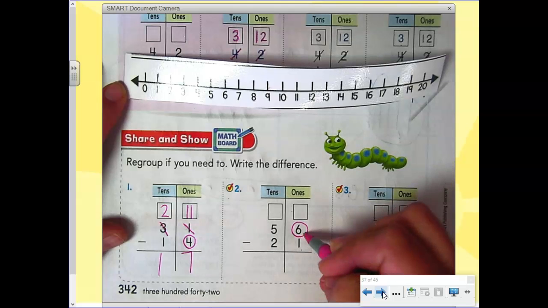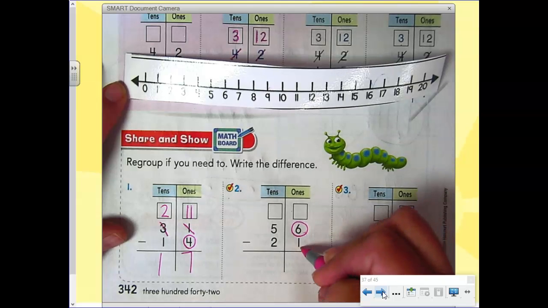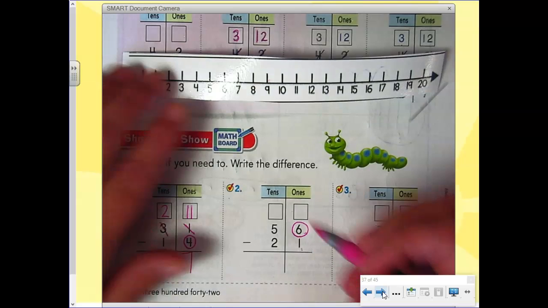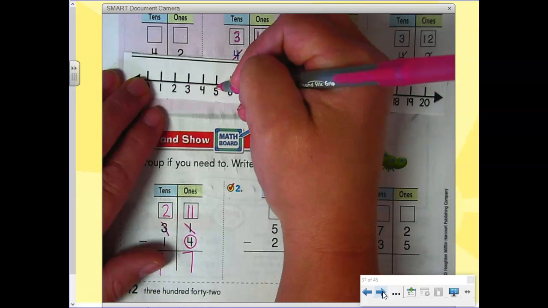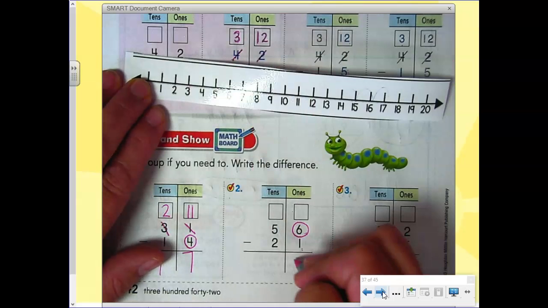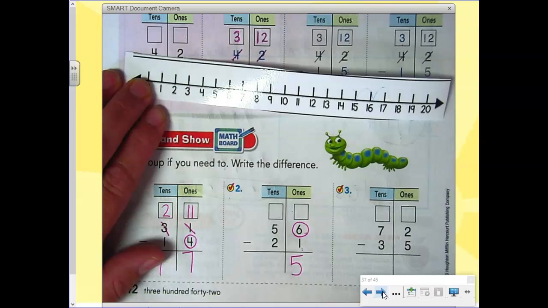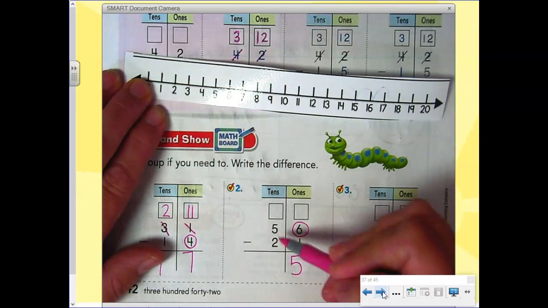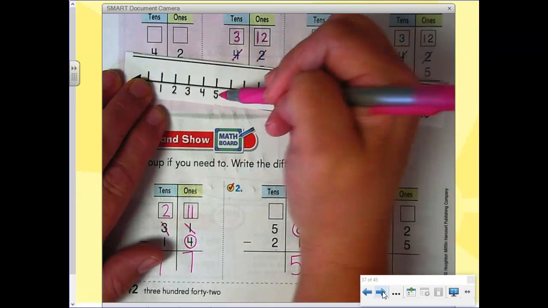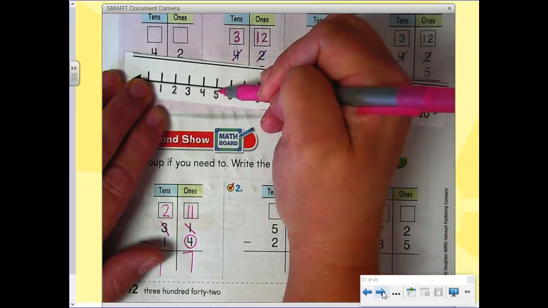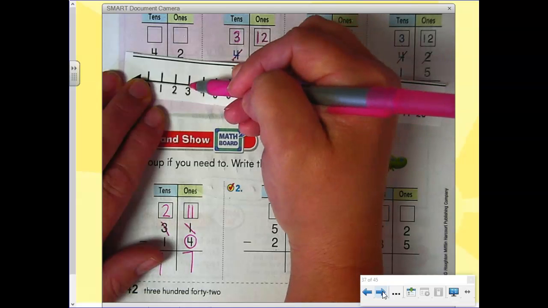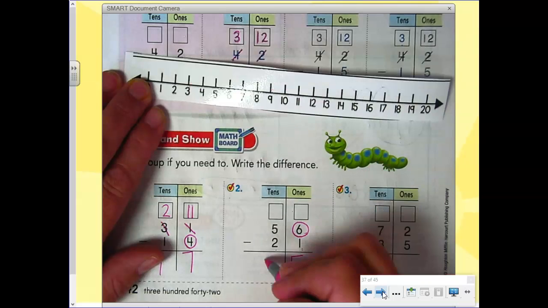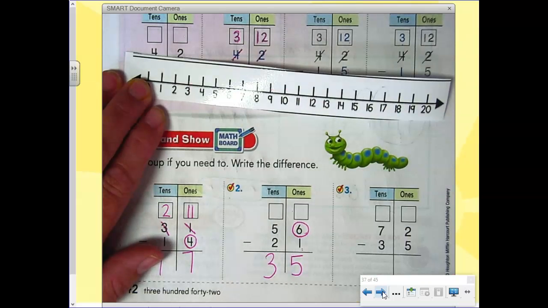Yes. So subtract. What's 6 minus 1? 6. Hop back 1. 5. Then go to your tens column. 5 minus 2. 5. Let's hop back 2. 1, 2, 3. 35.